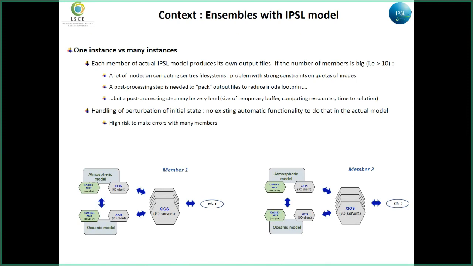So a post-processing step would be needed in order to pack output files to reduce the inode footprint. But this kind of post-processing step may be very heavy, especially in terms of size of temporary buffer, computing resources, and also time to solution to obtain what you want.